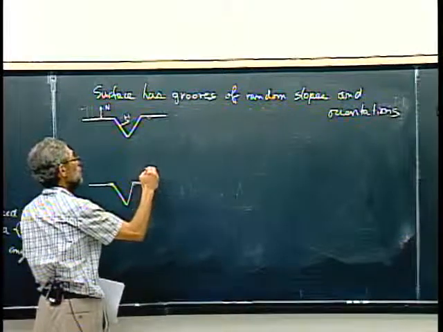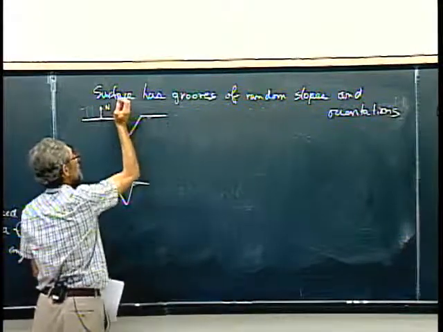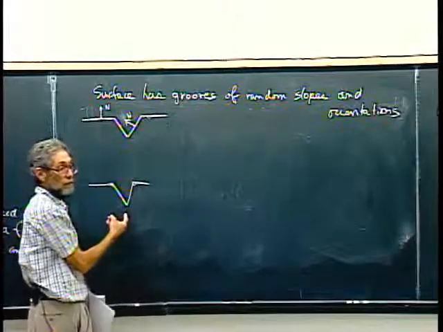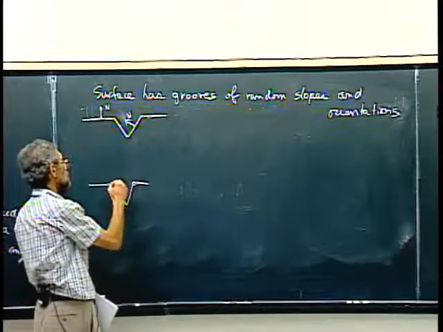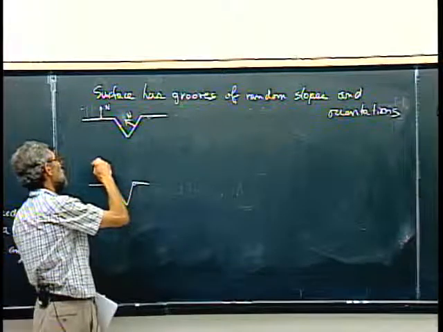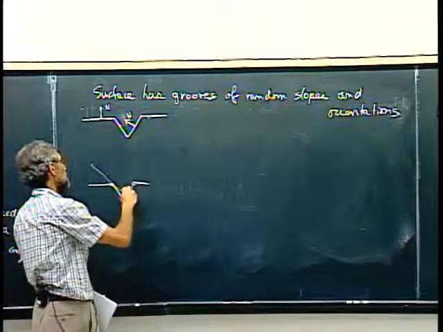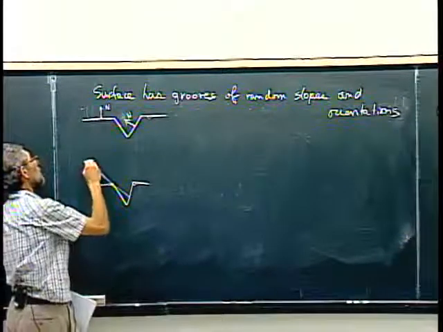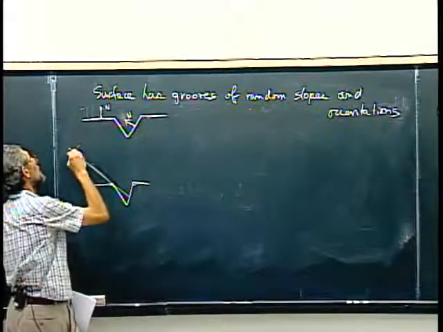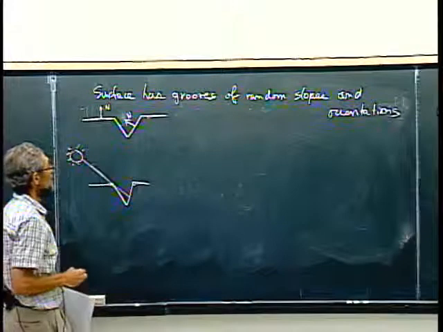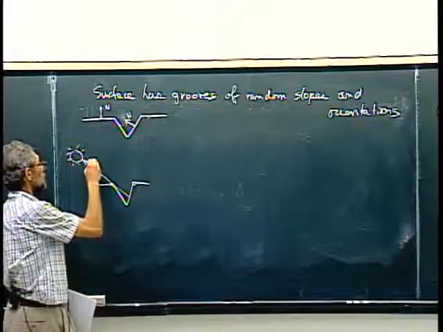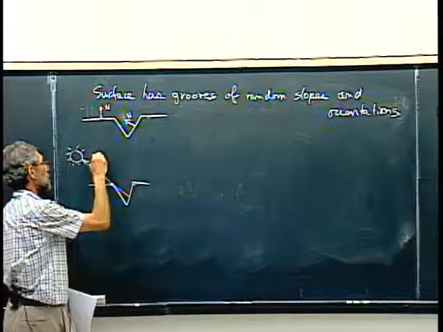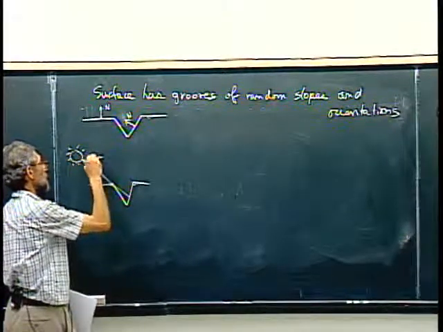Let me consider this half of the groove. So assume that here is the lighting direction. I'm going to draw the sun or a light bulb irradiating in this direction. So this is the direction to the light source. We've been calling the light source psi.